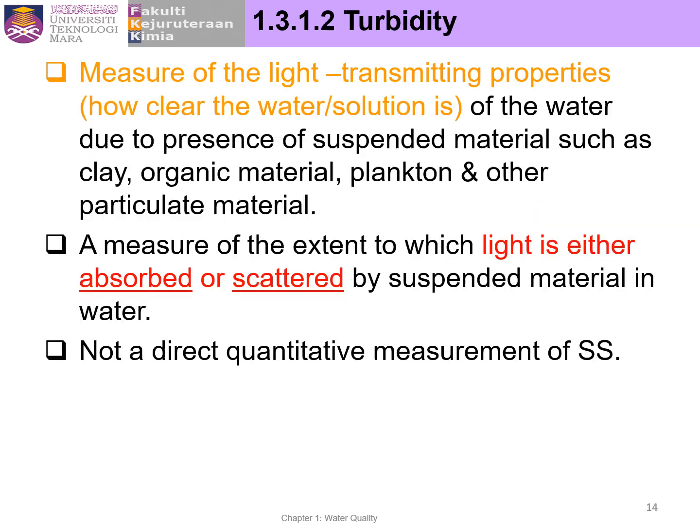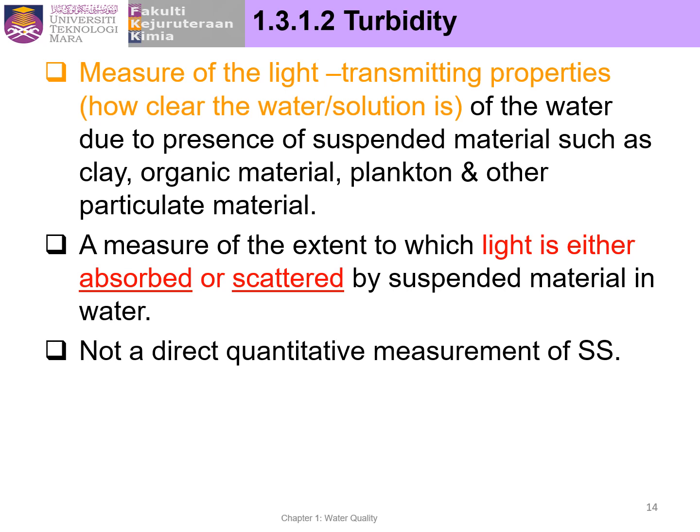Turbidity. When we talk about turbidity, it is a measure of the light transmitting properties. It means that if you are given a beaker containing wastewater, for example from the drain, we want to measure how clear the water or the solution is, how much light can be transmitted through the beaker.